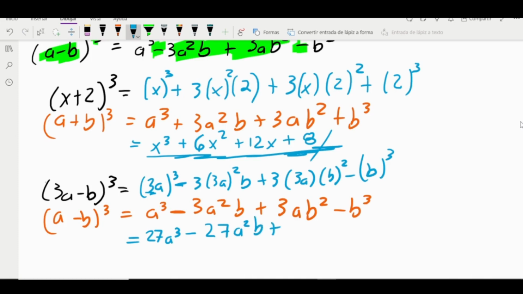Next, 3 times 3a is 9a, and b squared is b squared. And the next is minus b to the cube, so minus b cubed. And that's it.